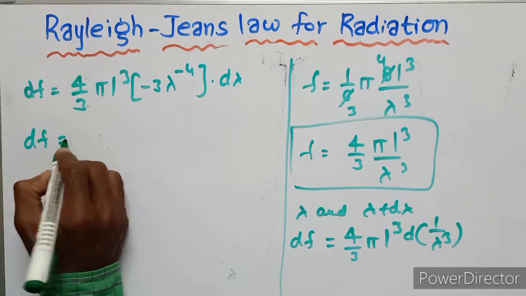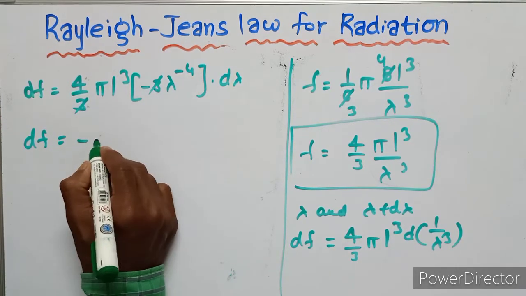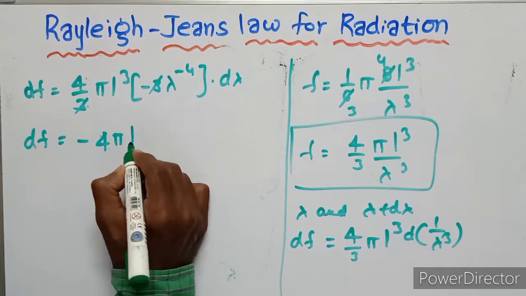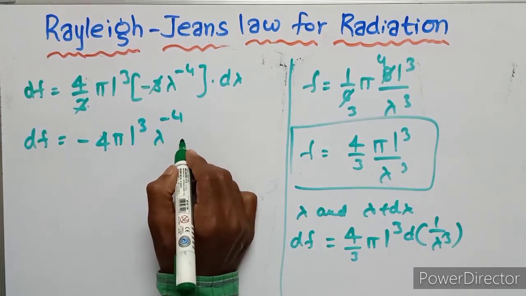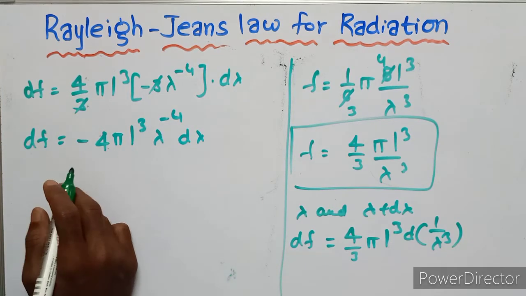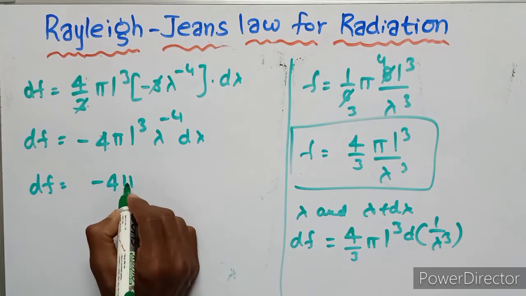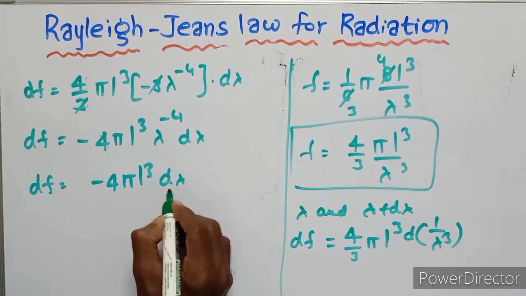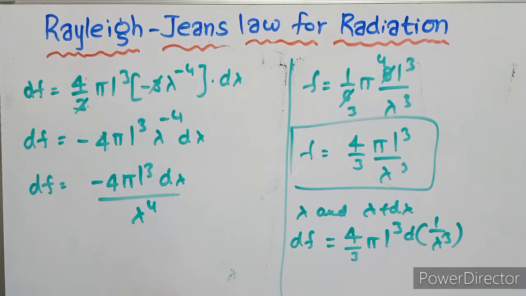So dF equals, 3 cancels, minus 4 pi l cube lambda to the power of minus 4 d lambda. Then dF equals minus 4 pi l cube d lambda upon lambda to the power of 4.